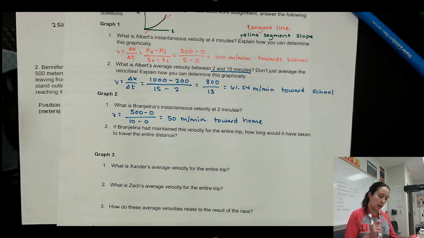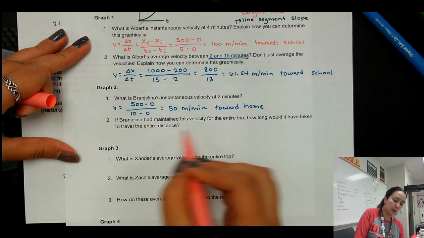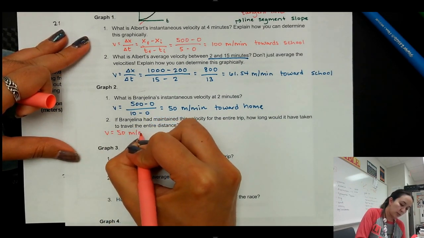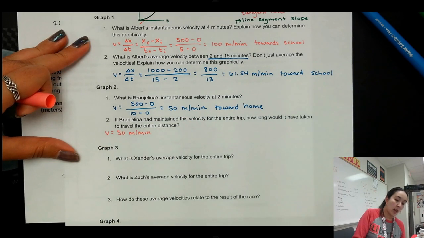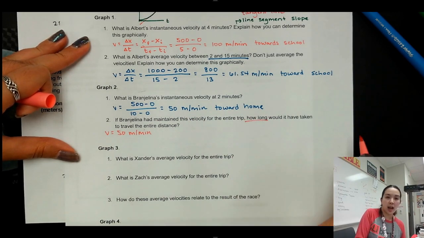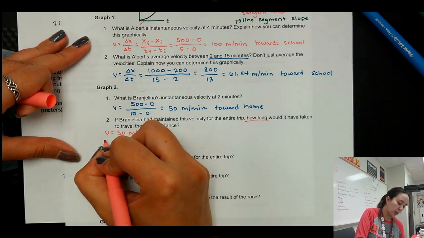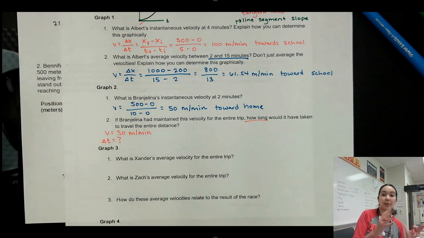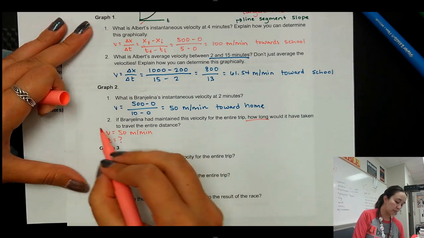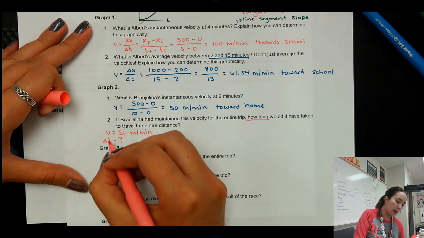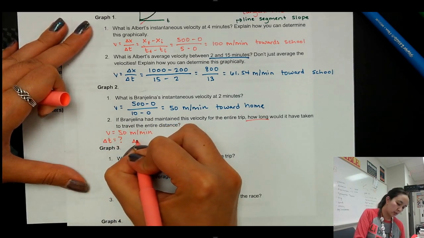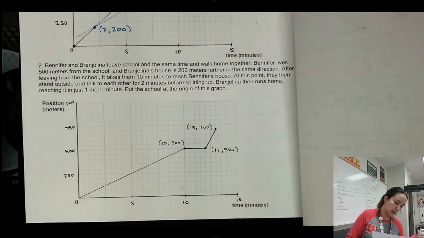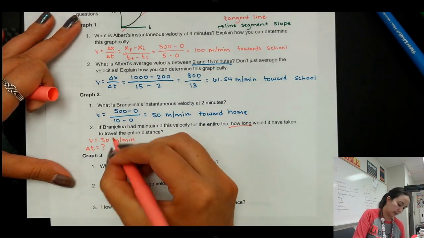So I know that the velocity that I'm trying to maintain is 50 meters per minute. I want to know how long it will take, so I want to know what the duration of this hypothetical new trip would be. And then the entire distance from school to Brangelina's house is 700.